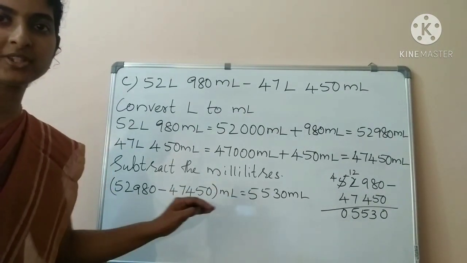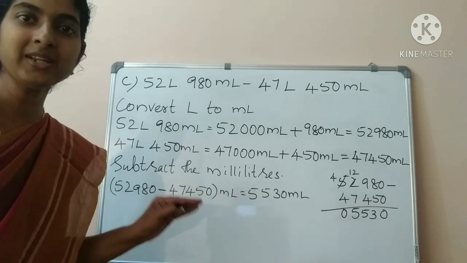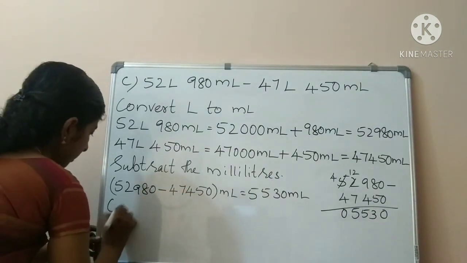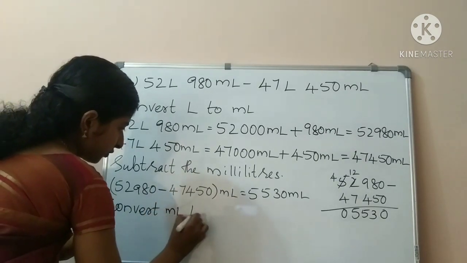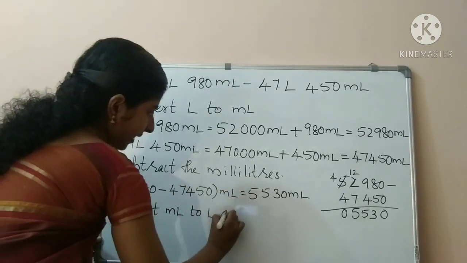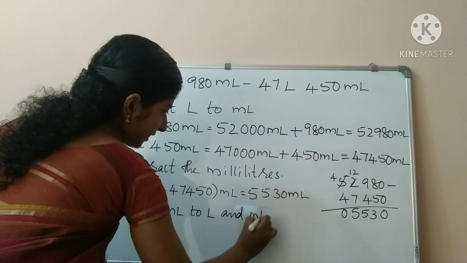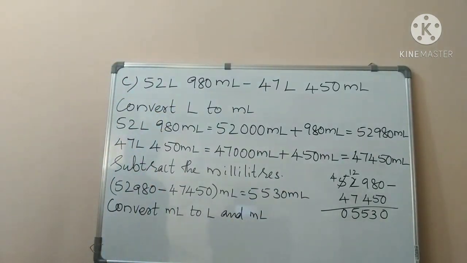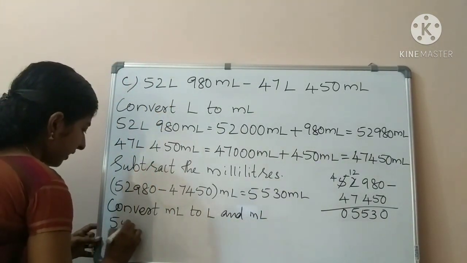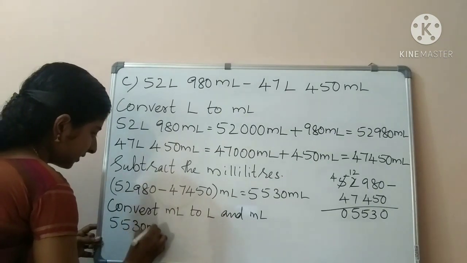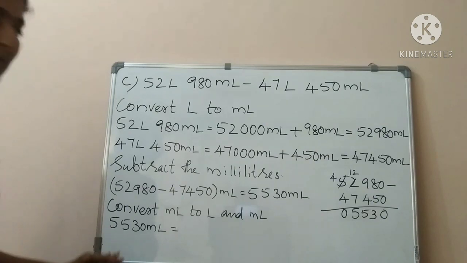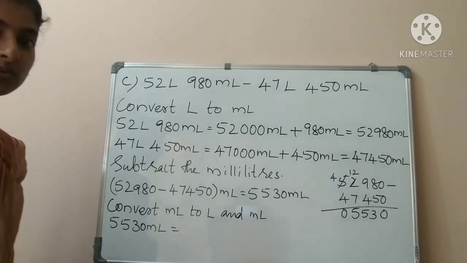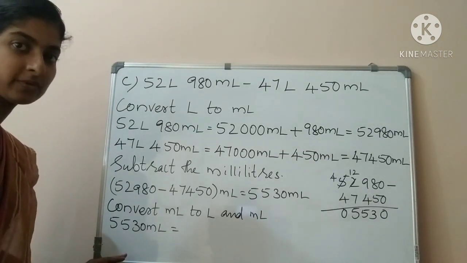Next, we convert this milliliter to liter and milliliter. 5530 milliliter is equal to, how to split this number? 5530 on the basis of 1000.